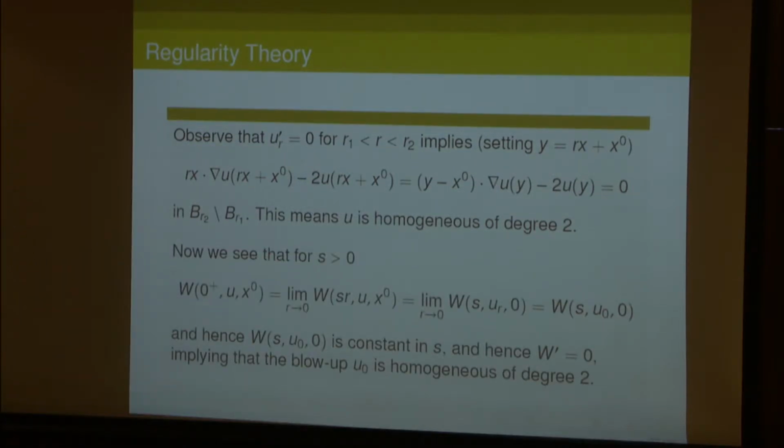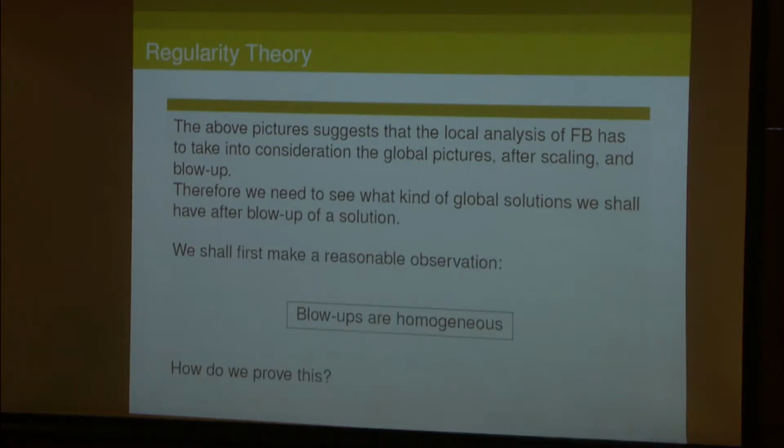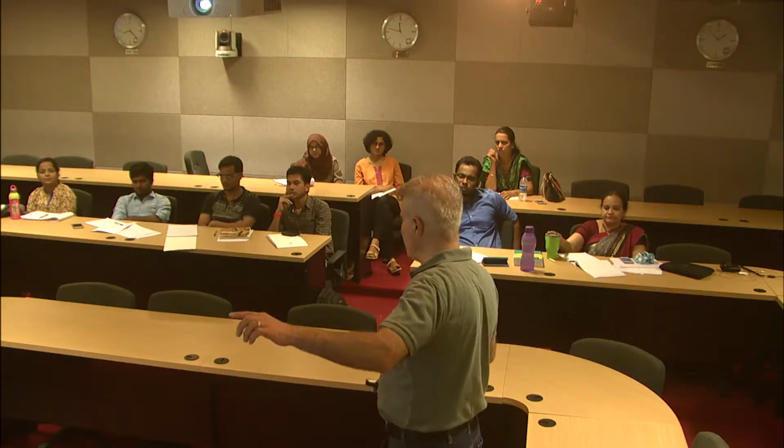Okay. So the next step is actually a very important step. I claim that blow-up solutions, let me go back here, if you blow up, will be homogeneous. Why is it homogeneous? Now the monotonicity formula can help.